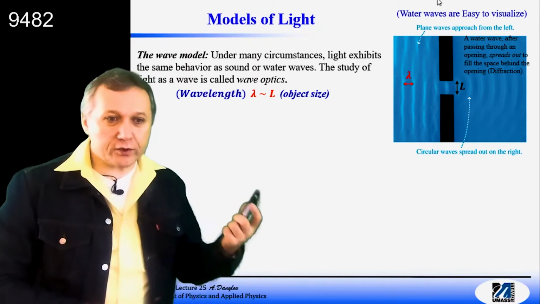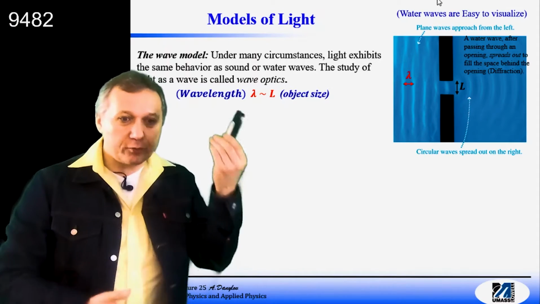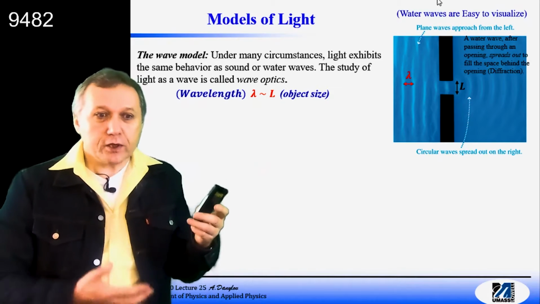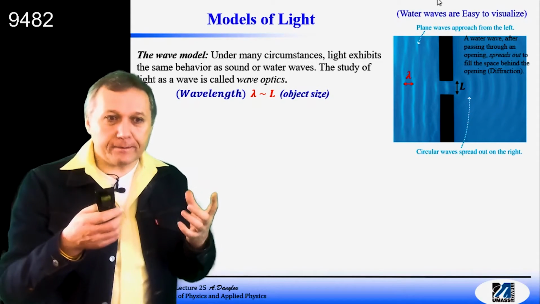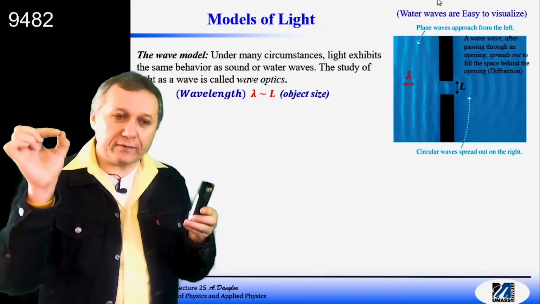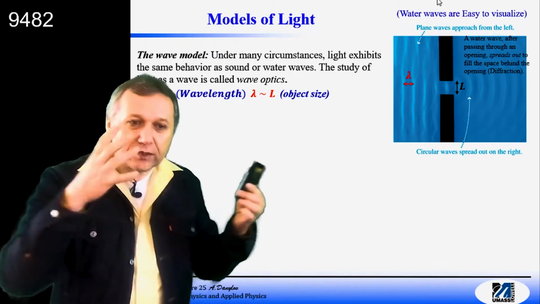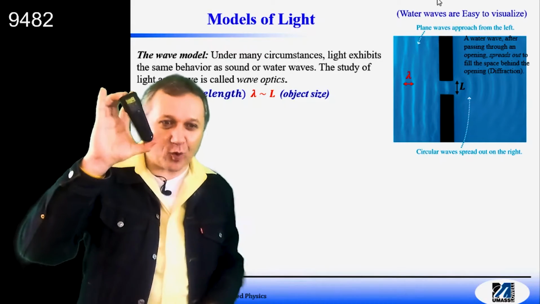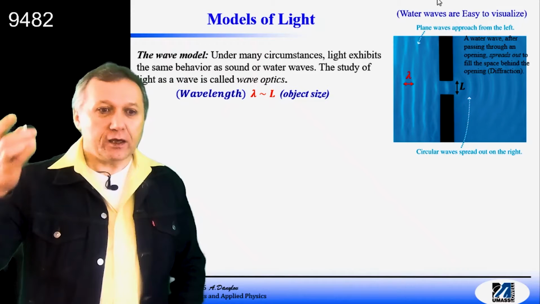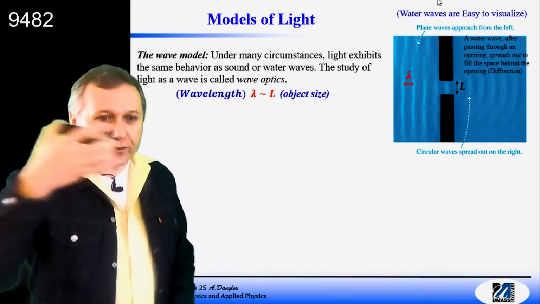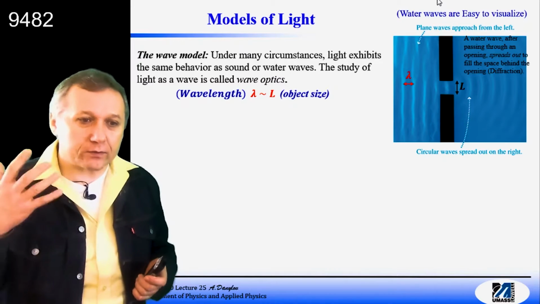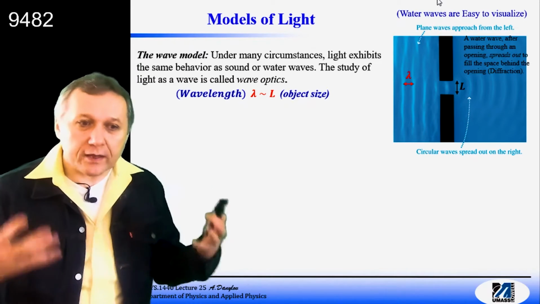And if you want to describe interactions of this light, for example, with this flipper, clicker, whatever it is, there is no point in treating light as a wave, because the wavelength is much, much smaller than the size of this object. In this case, it's much easier and better, and you can still describe what you observe, if you treat light as a ray and use ray optics.